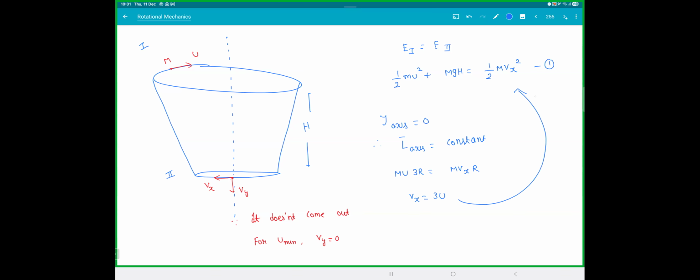Take this and substitute here. That will be half mu square plus mgh equals half m 9u square. That will be 9 minus 1, that will be 4mu square. So u square is equal to gh by 4, u is equal to root gh by 4. Check.